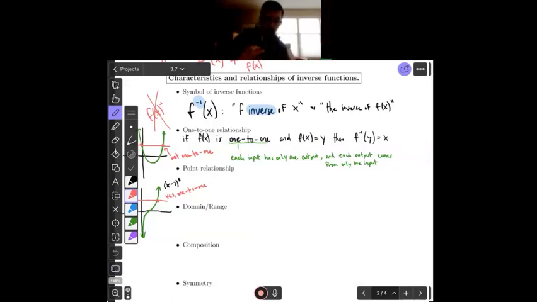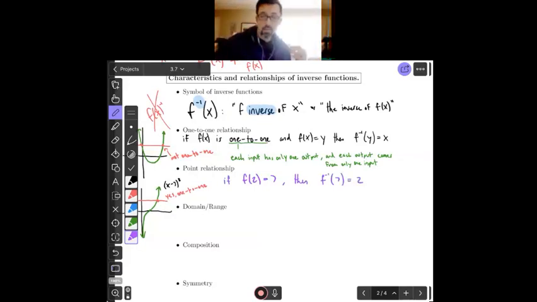But the main thing here is the point relationship. This is probably one of the biggest things that goes on here with inverse functions, like why you want to know about them. Okay, and I'm just purely making these numbers up. If f(2) equals 7, then f inverse of 7 would equal 2.